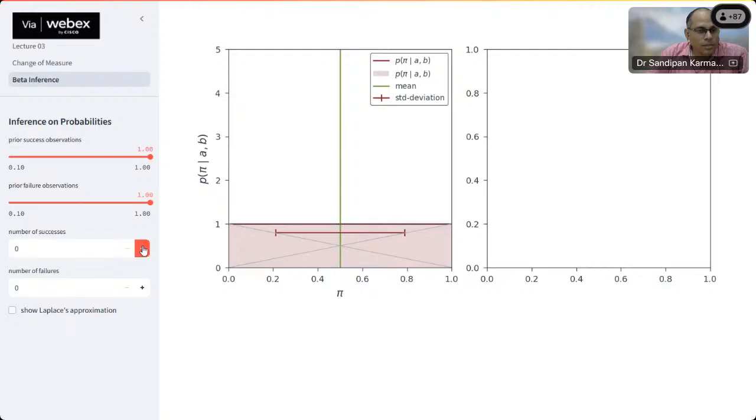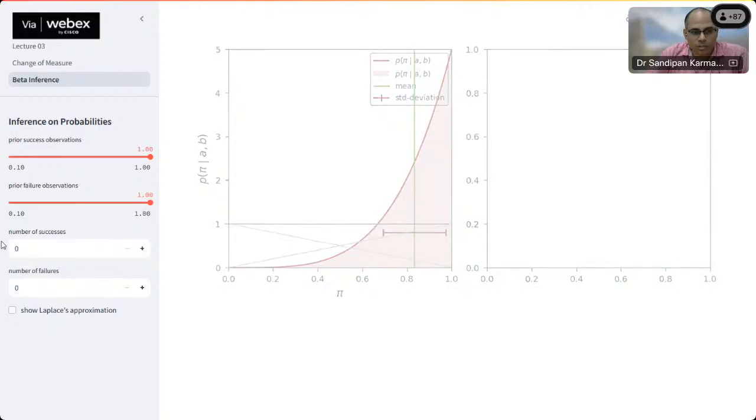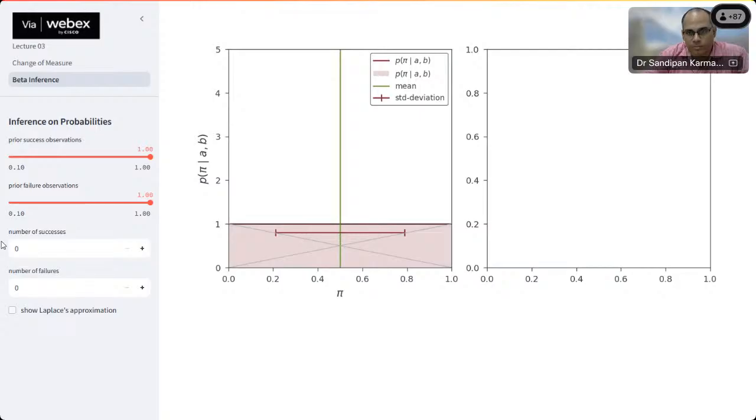The number of successes is, suppose, 1, then 2, then 3, then 4. So what is happening? Suppose you are doing coin tossing. Before starting the experiment, you have no information about the probability of head or tail. So how does it look? You don't know anything about that.